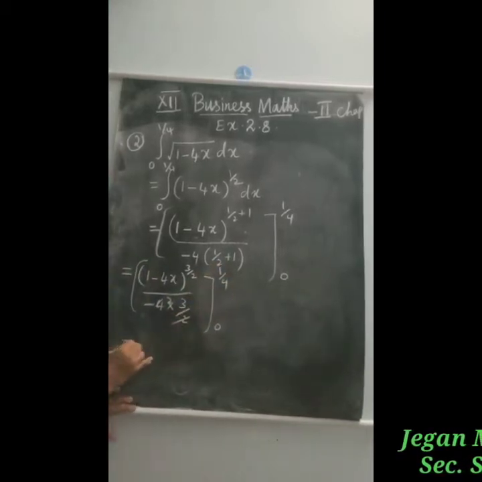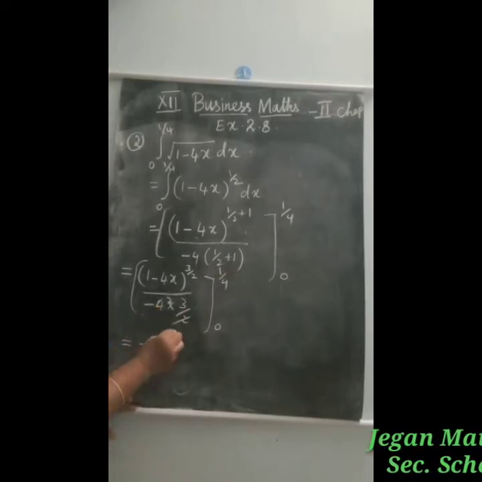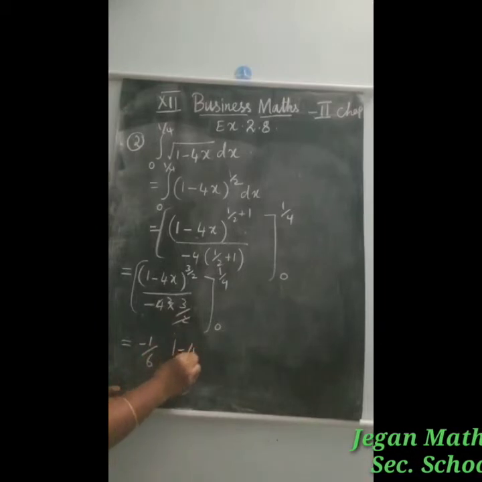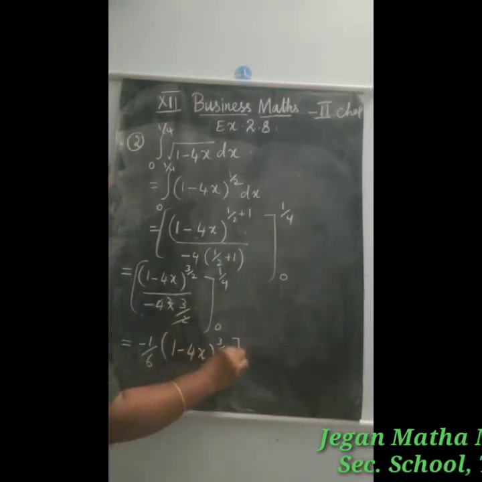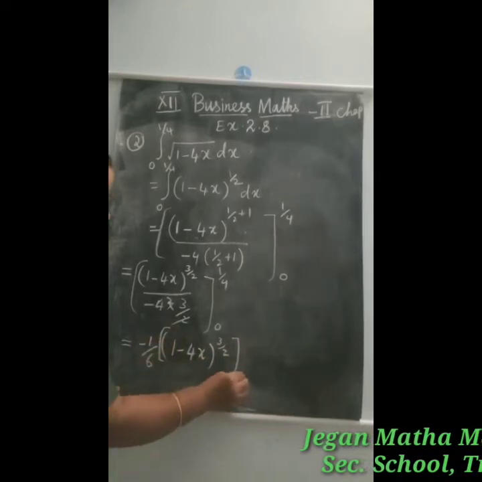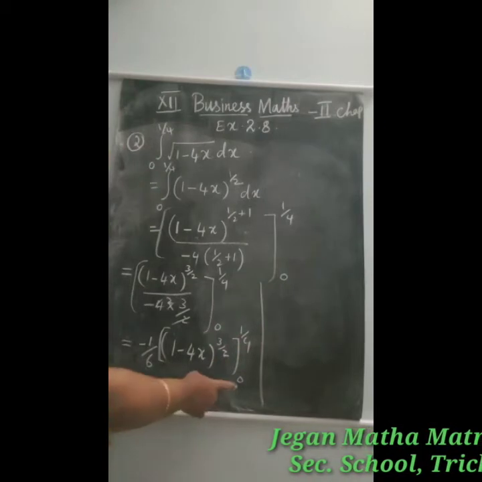So that is equal to 1 by 6, the constant term, so you take minus 1 by 6 outside, and substitute 1 minus 4x the whole power 3 by 2 for the limit values 1 by 4 and 0.